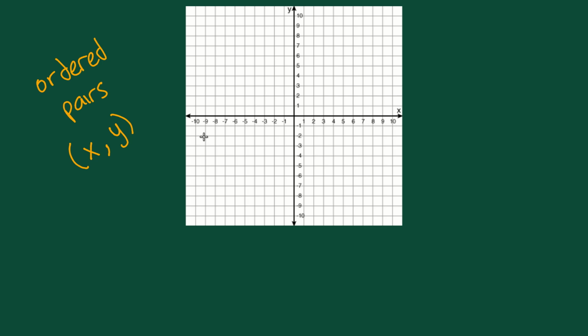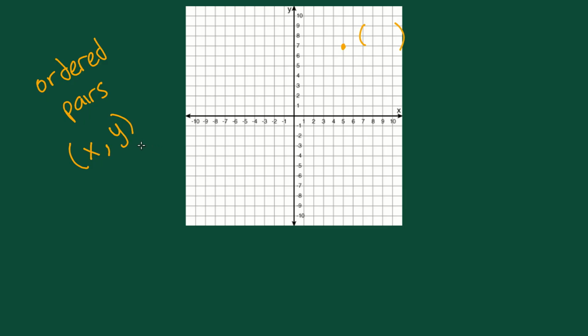So for example, I'm just going to randomly draw a point, right here. That point would be a point on the coordinate plane. The location of this point is an ordered pair with an x coordinate and a y coordinate.